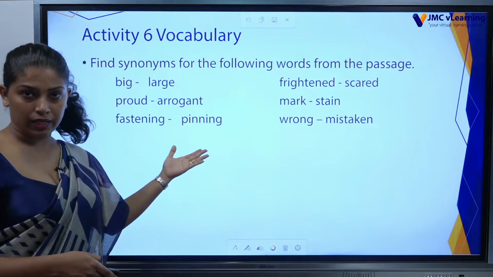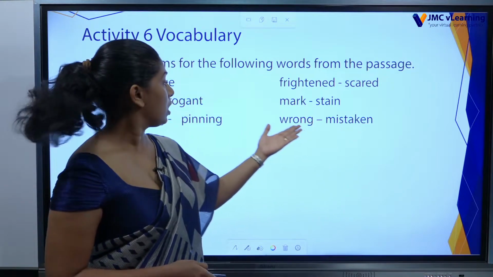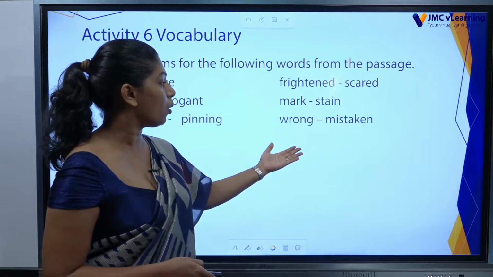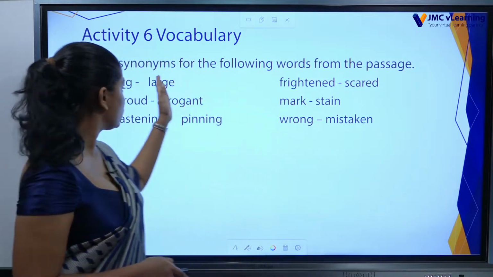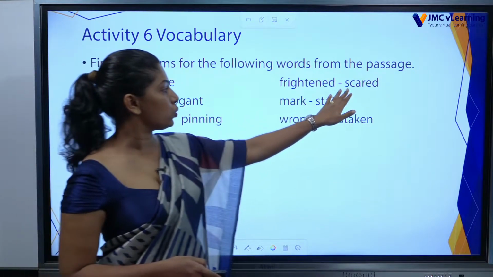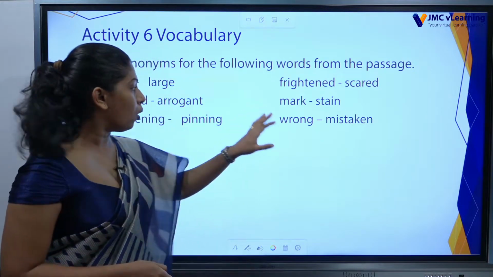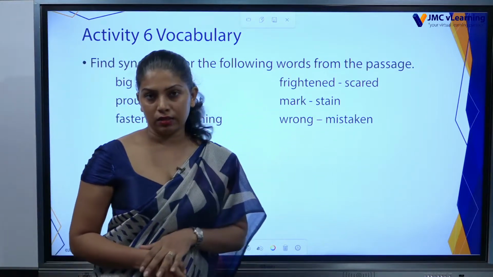Fastening, pinning something. Then frightened, scared. Mark, stain. Wrong, mistakes. So these words are the given words here, and these are the similar words you can select from the comprehension 100 Meters. Only these words you can write here.